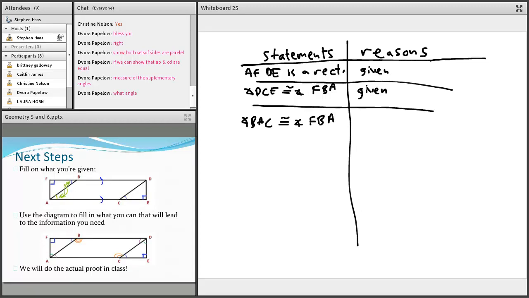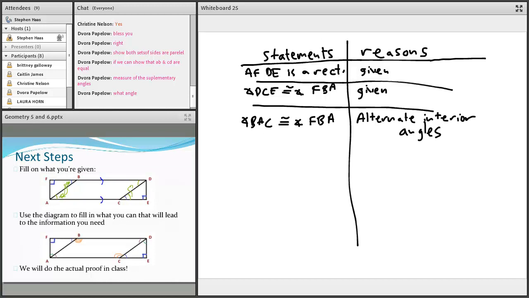because they are alternate interior angles. Again, that is a general rule for all parallel lines. When you have two parallel lines and they're cut by a third line, angles that are on opposite sides of that line are equal. And of course, the same thing is true between this and this.